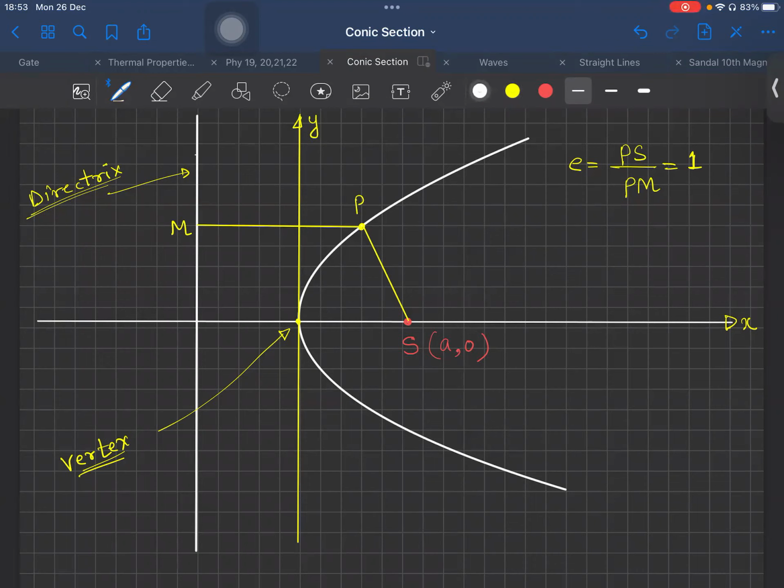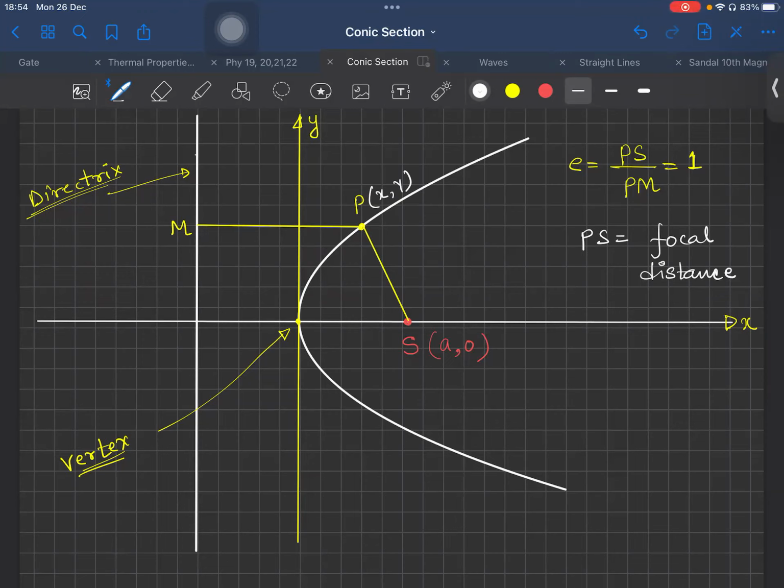Now see, any point you take on this parabola, let's say this point P, can be defined using (x, y). So the distance PS is called the focal distance. Okay, PS is your focal distance. Understood?